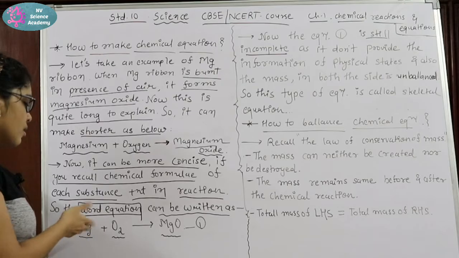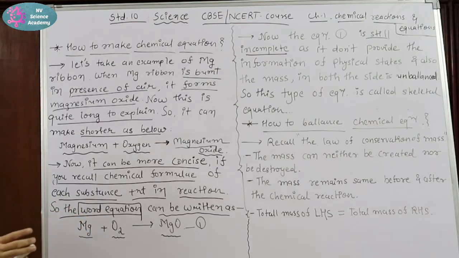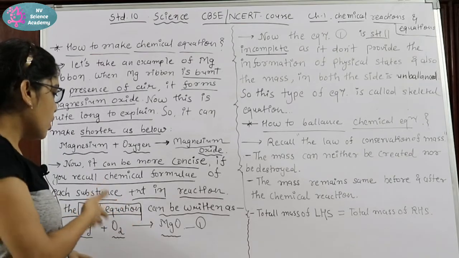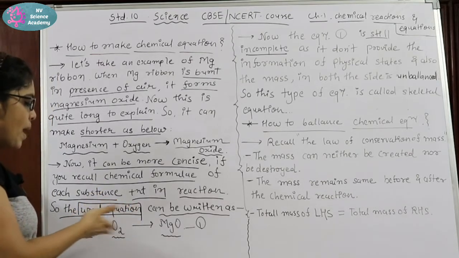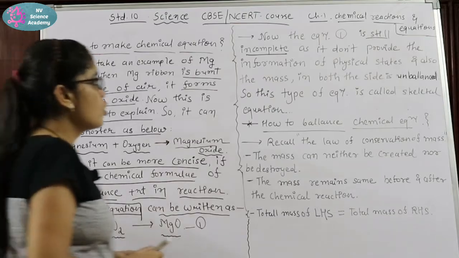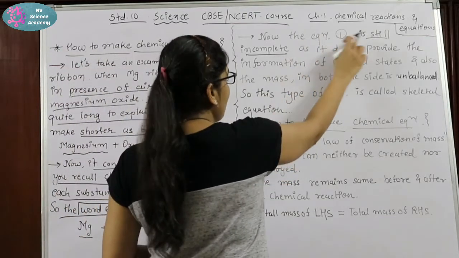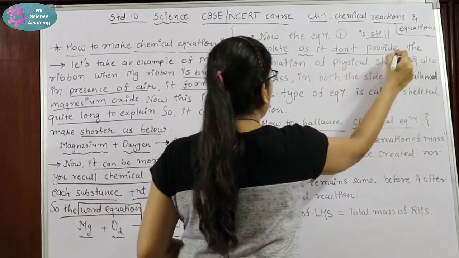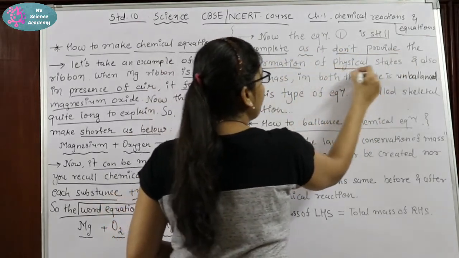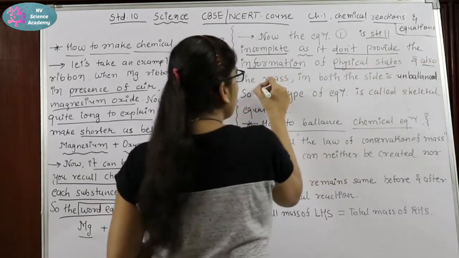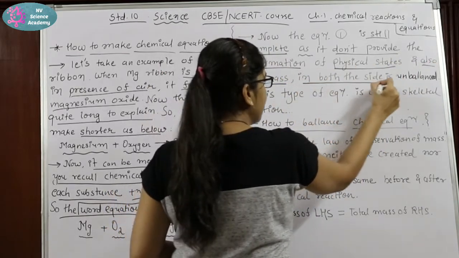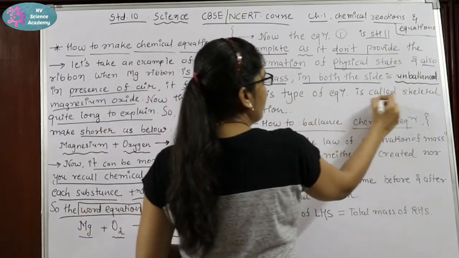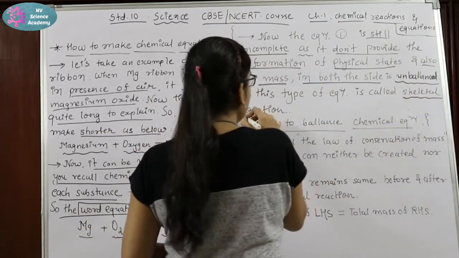You can't get information about the physical states, and also the mass is not balanced on both sides. So the equation number 1 is still incomplete as it doesn't provide the information of physical states, and also the mass on both sides is unbalanced.